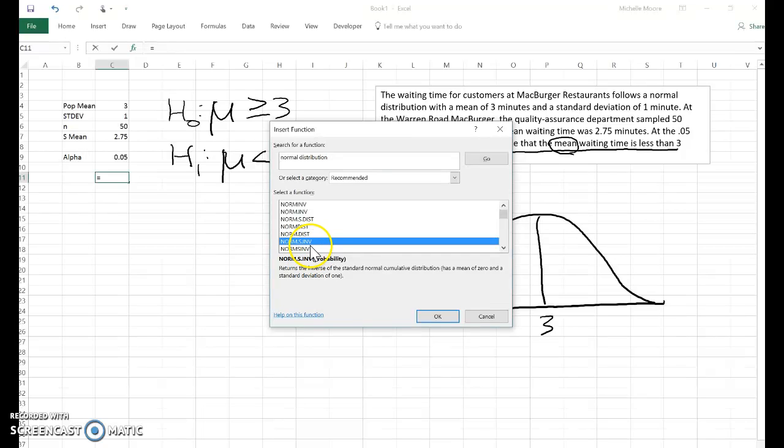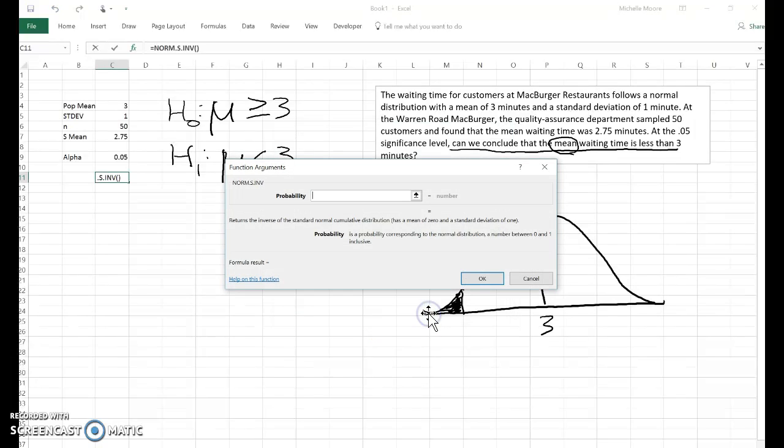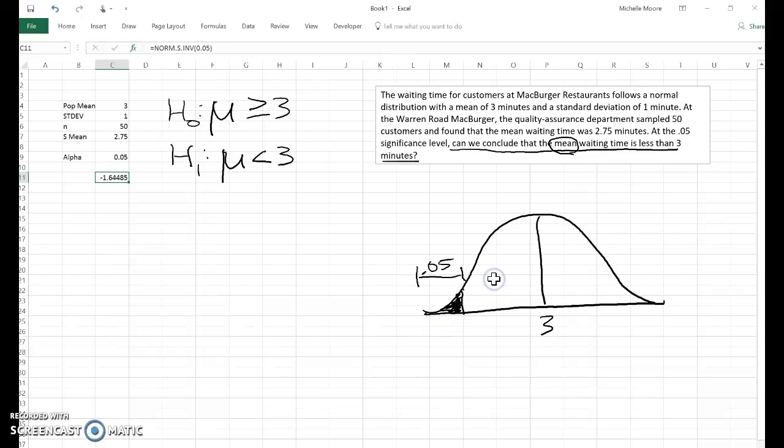That INV at the end of that function is really important. We're going to use that a lot. If it says INV, what you're going to do is put in, in this case, a probability, and it will give you a z-score. Or if you're doing the t, it will give you a t-score, and so on. So NORM.S.INV is the function I'm going to use. The probability I'm going to use is 0.05, because that's what my alpha is. So I get a negative 1.64 rounded.